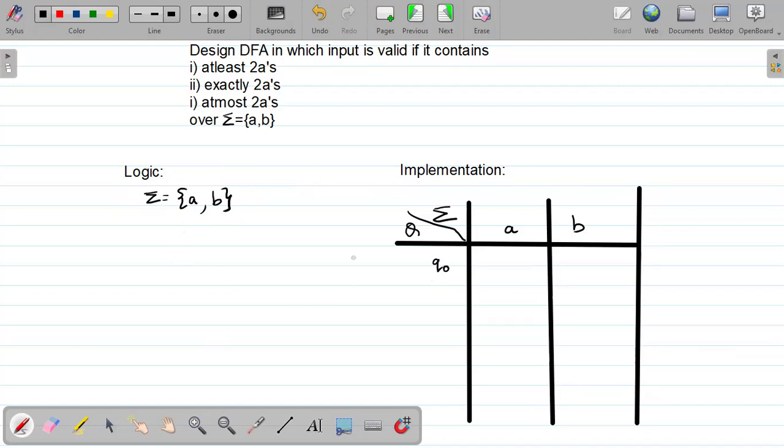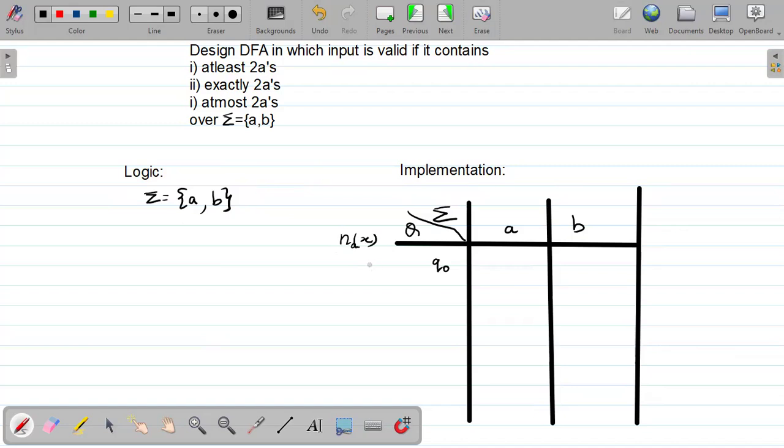Our states here are based on the number of a's that we encounter in a string. There is no constraint that the a's should be together or cannot be together; they can be together or separate. So we base our states on the number of a's present in the string x.